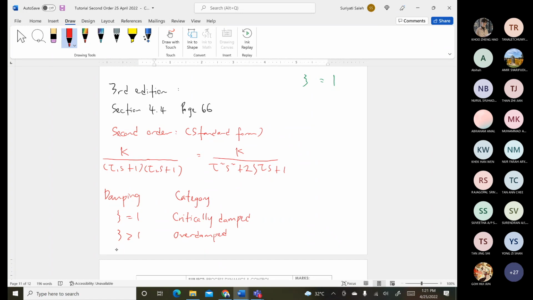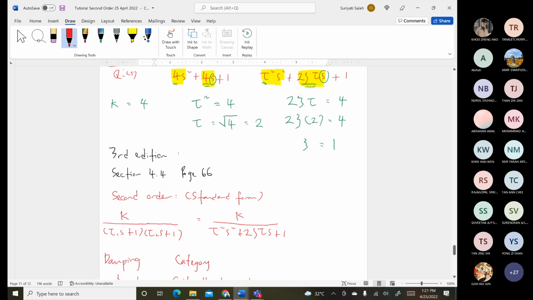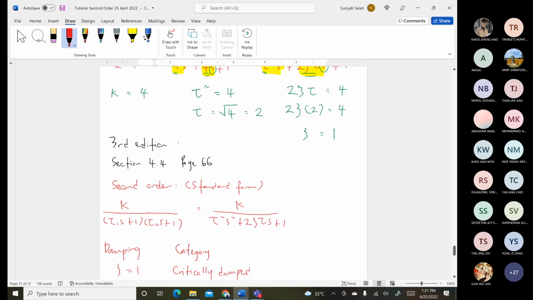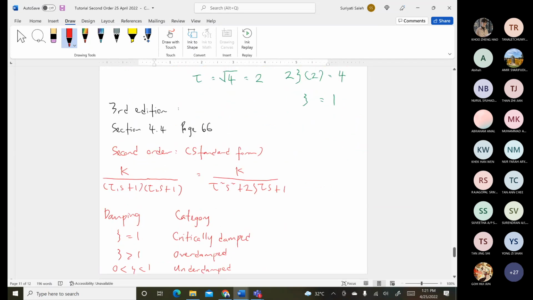And lastly, when damping is between zero and 1, less than 1, this is what we call underdamped. So these are the different categories available for the second order. So when we get the second order transfer function, we try to find the damping factor value. In this case, when we compare it, damping equals 1. So when you have damping equal to 1, this one is under the category of critically damped.